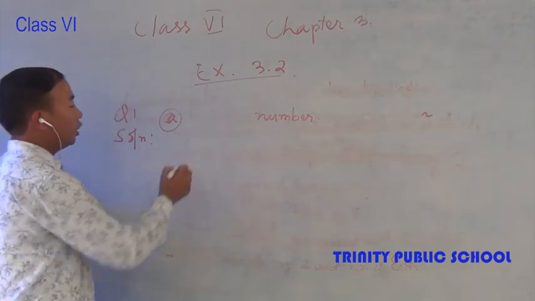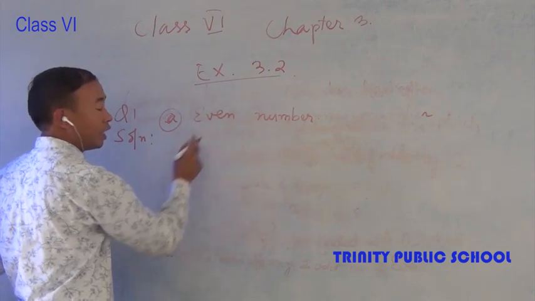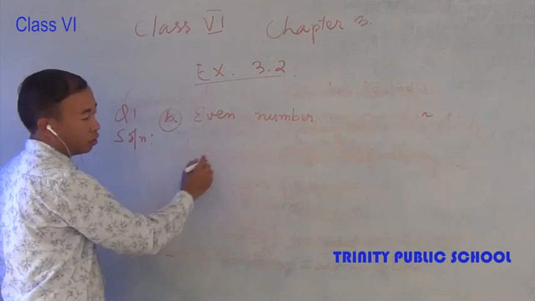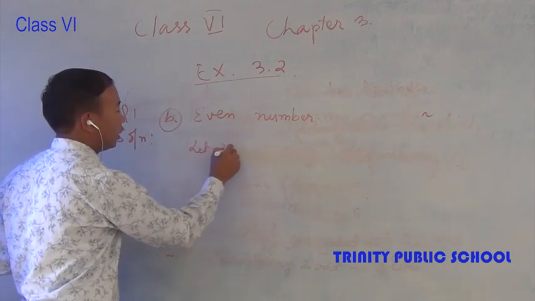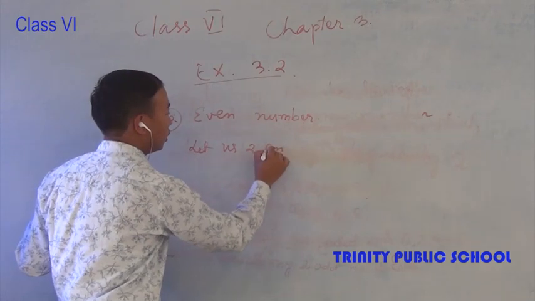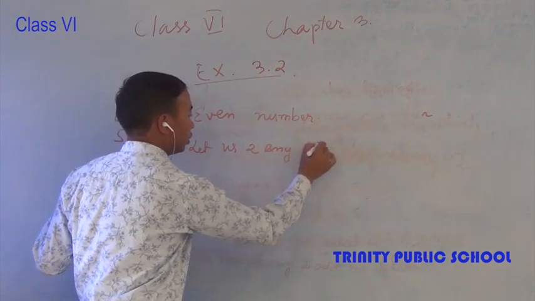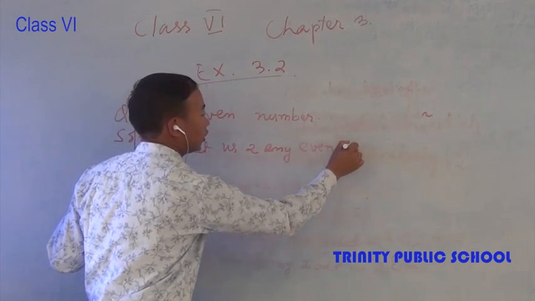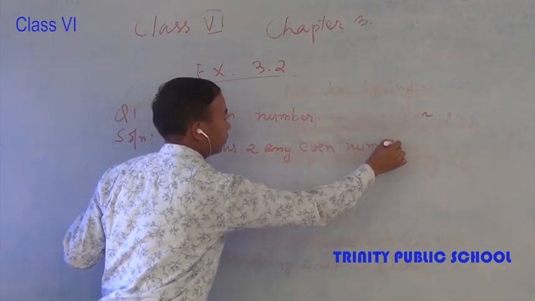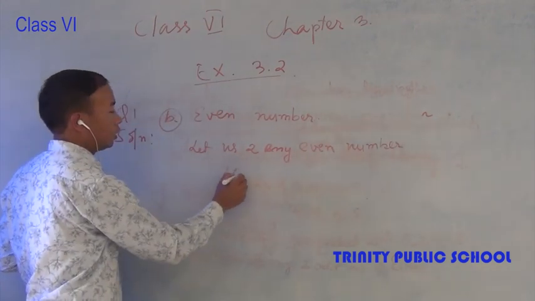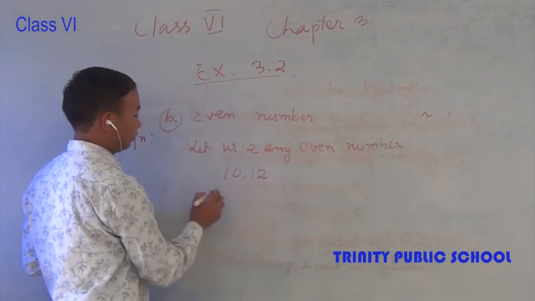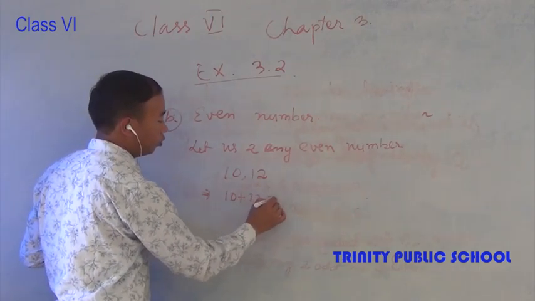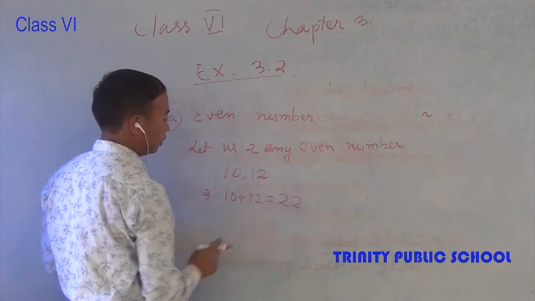What is the sum of two even numbers? You can choose any even numbers. Let me choose 10 and 12. What is the sum? 10 plus 12 equals 22.